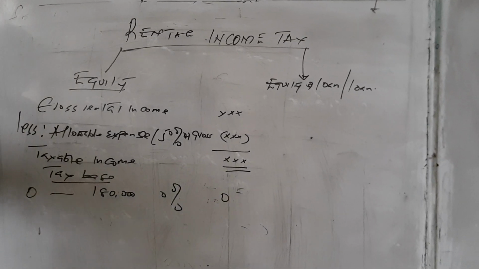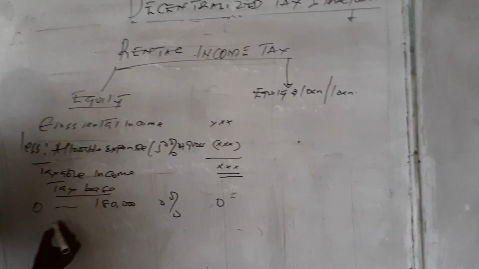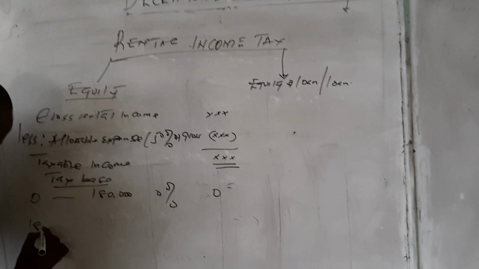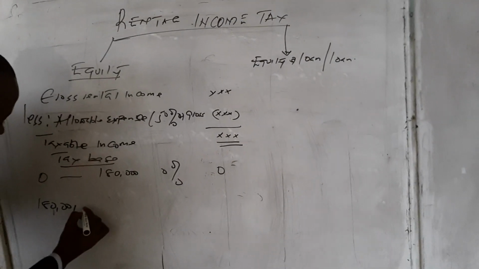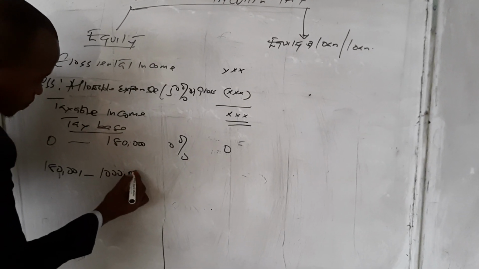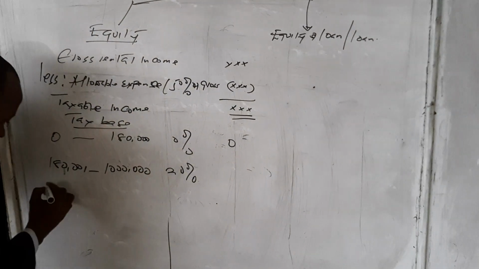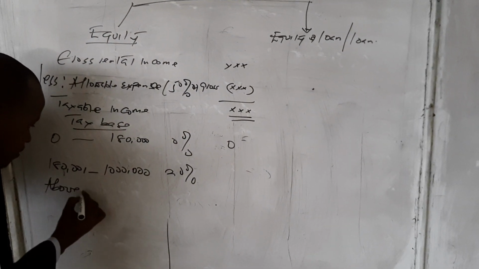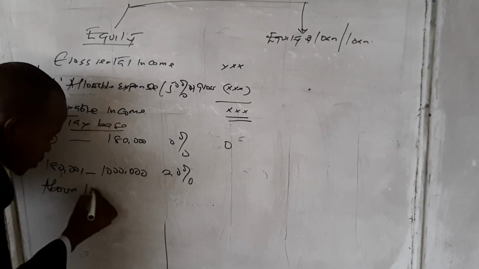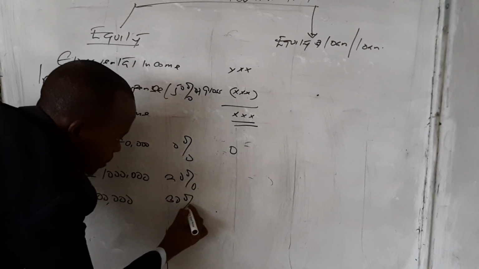Then from 180 to 1 million, it is 20%, and above 1 million is 30%.